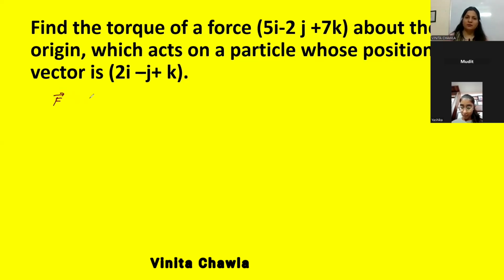Vector F is 5 i cap minus 2 j cap plus 7 k cap. And vector R is 2 i cap minus j cap plus k cap.